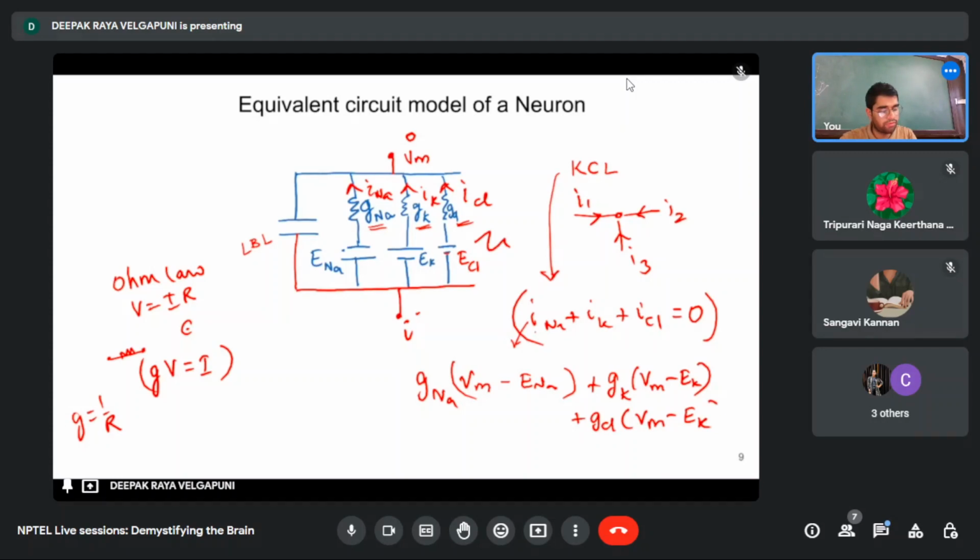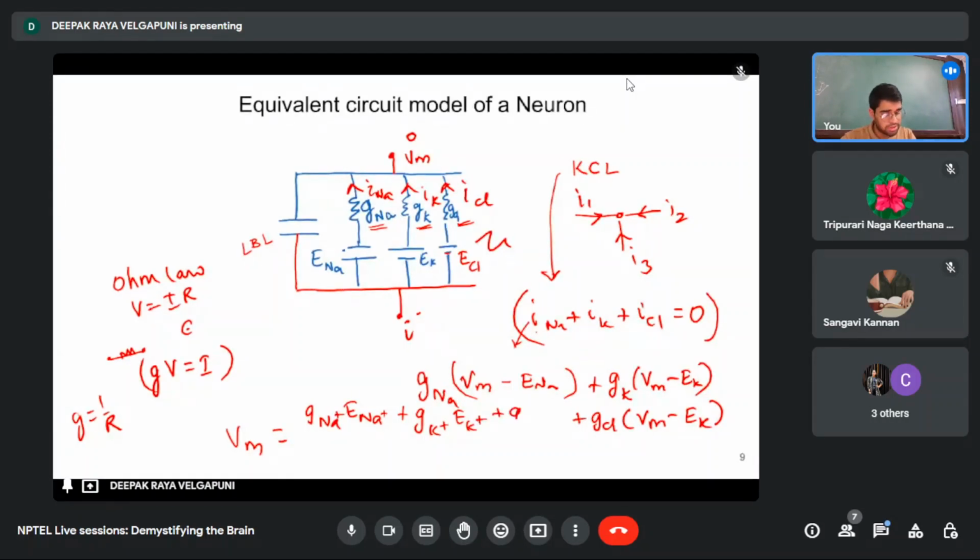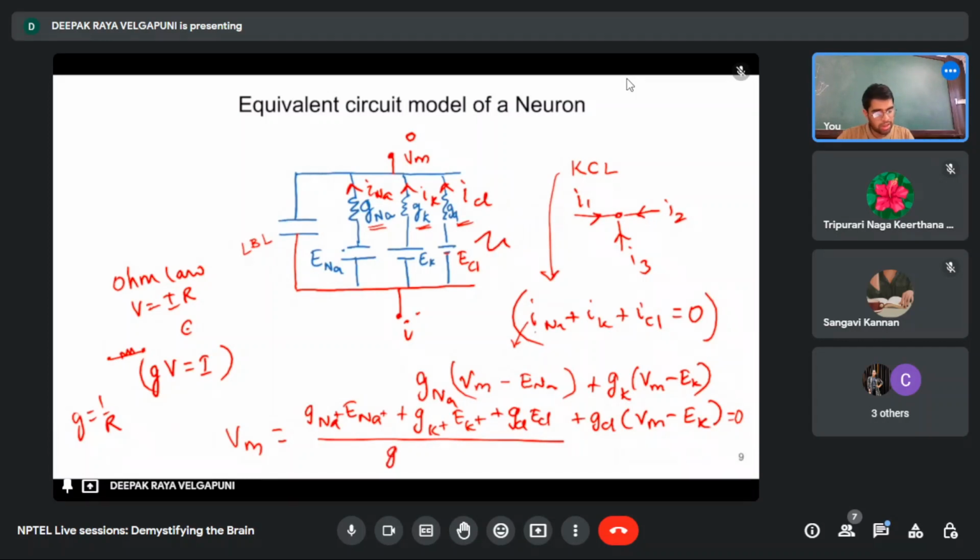Our interest is what is Vm. So Vm turns out to be nothing but the conductance times the equilibrium voltage for a particular ion, GK times EK, plus GCl ECl, and when you do some algebra, when you equate this to 0 and bring Vm on one side and all other terms on the other side, you get something like this, and you will have the sum of all conductances.